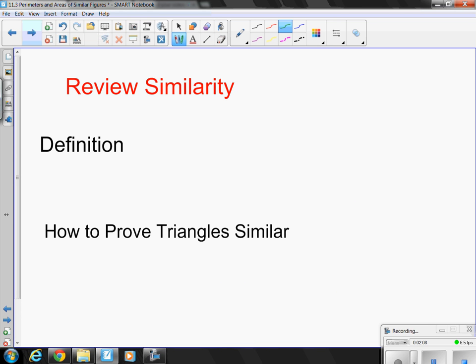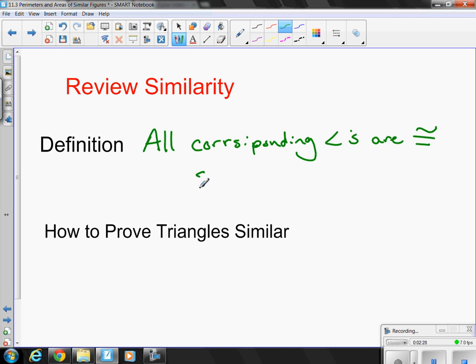So, quick review, similarity, the definition of that: all corresponding angles are congruent and sides are proportional. And then we had ways to prove triangles are similar.